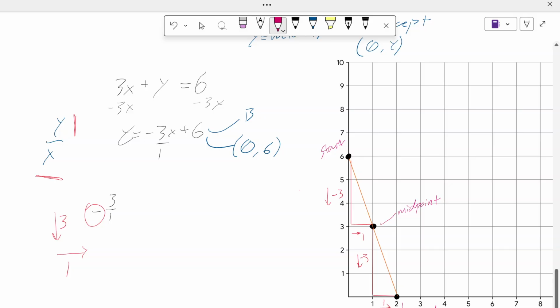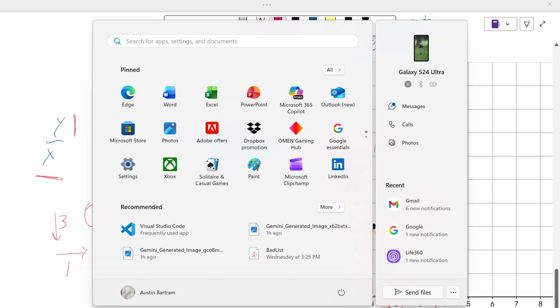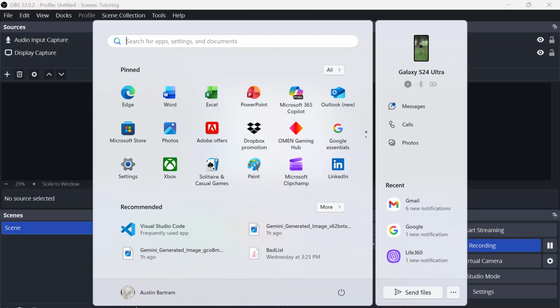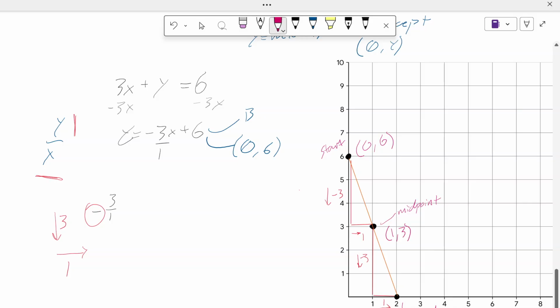And let's draw coordinate points. We started at 0, 6, and then we went down to 1, 3, and then we ended off at 2, 0. So we take our points: 0, 6; 1, 3; 2, 0.